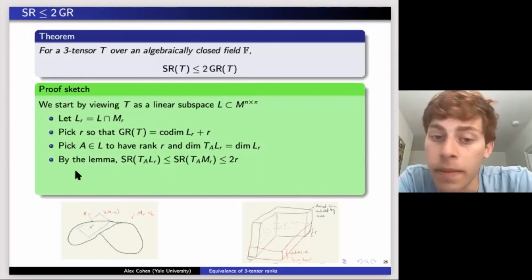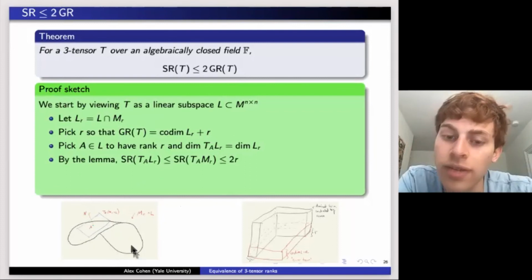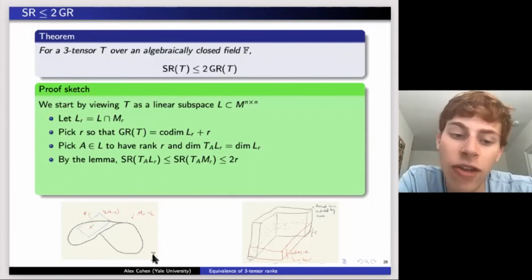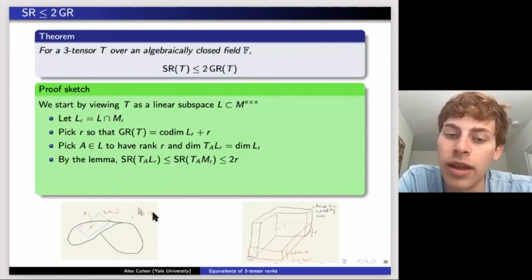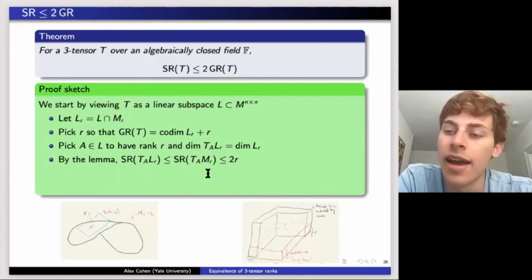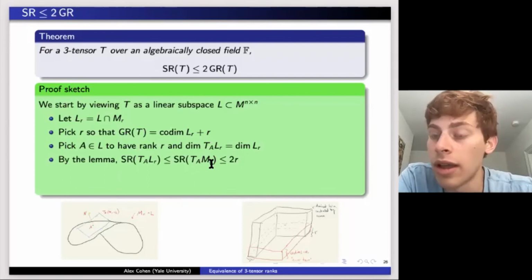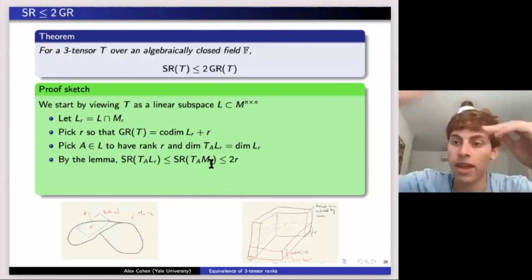And by the lemma, the tangent space at A of the potato chip, because the potato chip is a subvariety of M_R, is going to be a subspace of the tangent space at A of the rank R matrices, which is a much larger dimensional space of matrices.